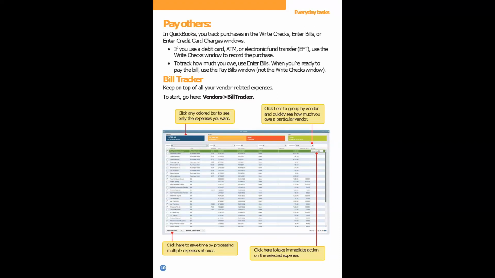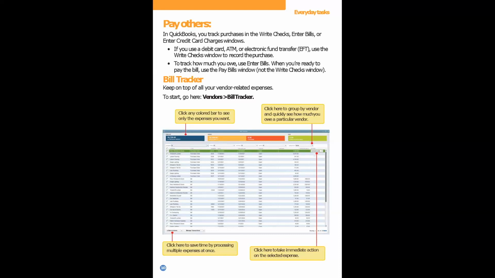With that said, once the bill is entered into QuickBooks, the system will actually automatically prompt you when a bill is due. And this is why I highly recommend that everyone run their AP every Monday morning to see what bills are due that week, just like you would run your AR, your accounts receivable, to know what funds are coming in the door.